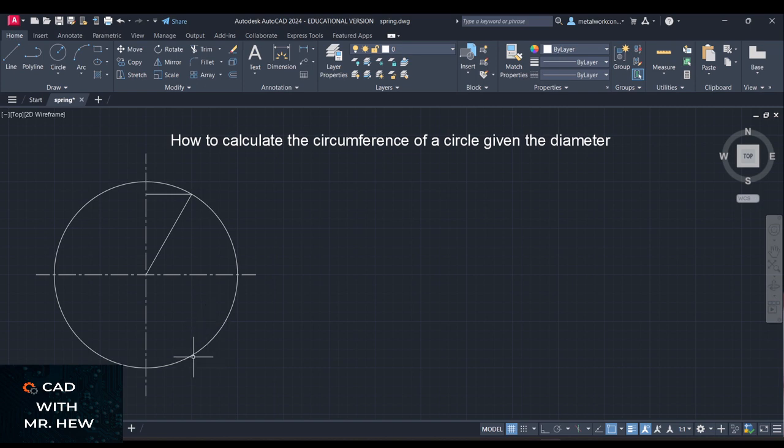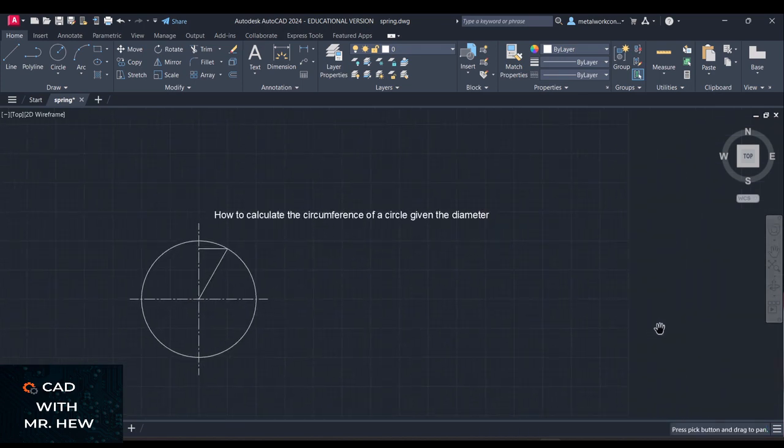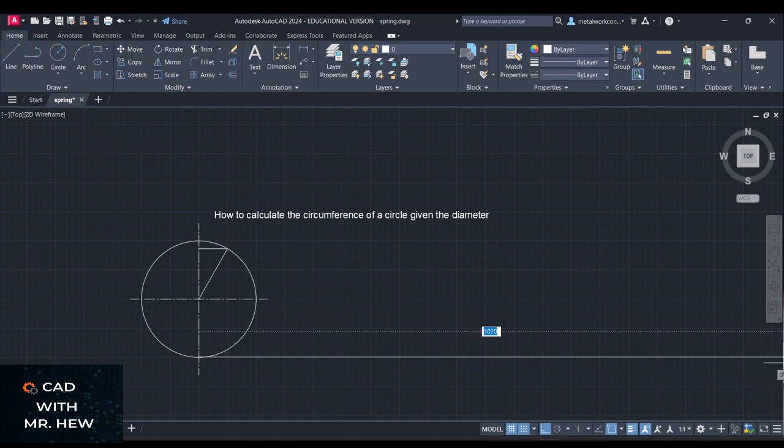All right. The next step is to draw a line from here going towards the right of the screen, and the length of this line will be equal to 3 times the diameter, right?